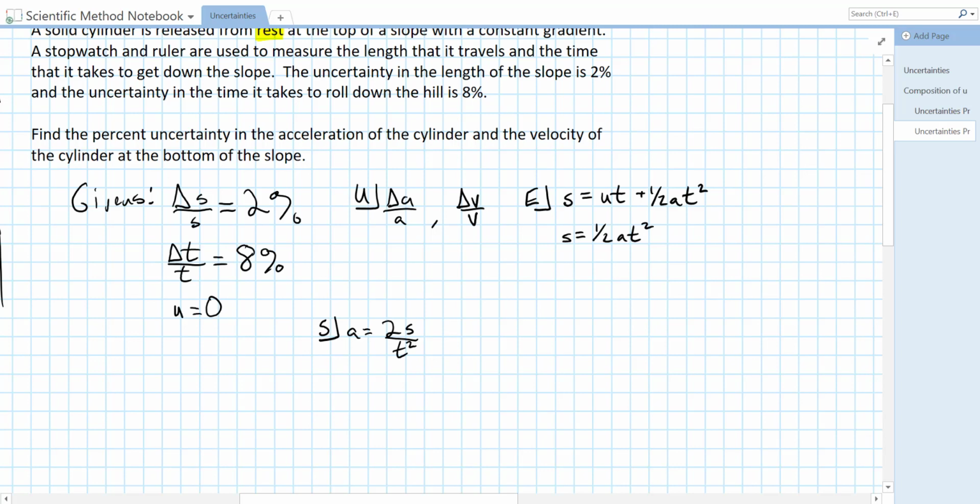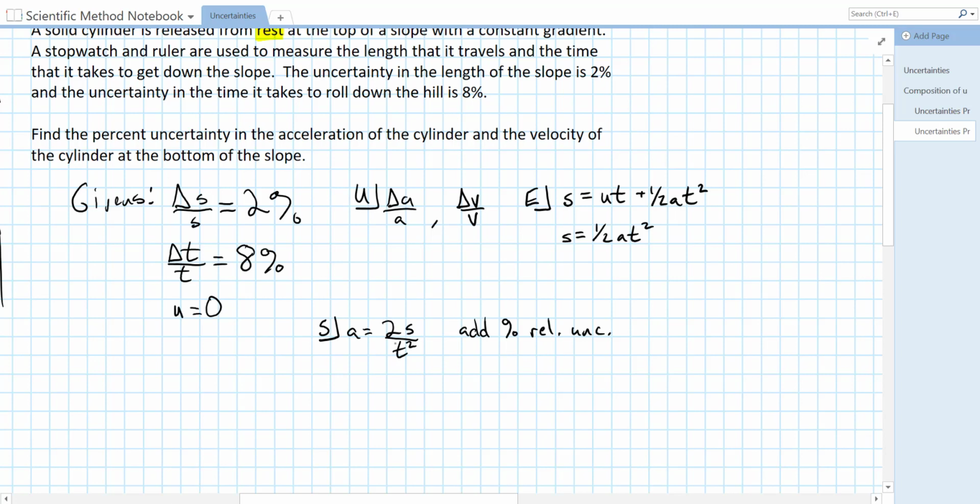A is a function of displacement and time, and since there's no addition or subtraction, it's just multiplication, we can use the rule for multiplying to get the uncertainties of products and quotients. And the rule is we add the percent uncertainties, or add the relative uncertainties of all of the input variables we have.